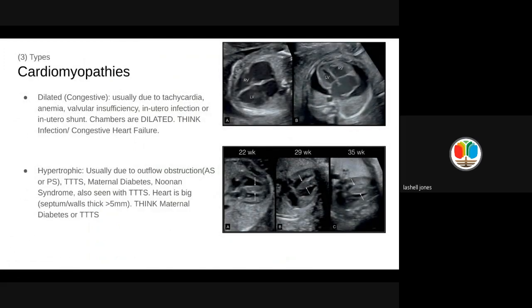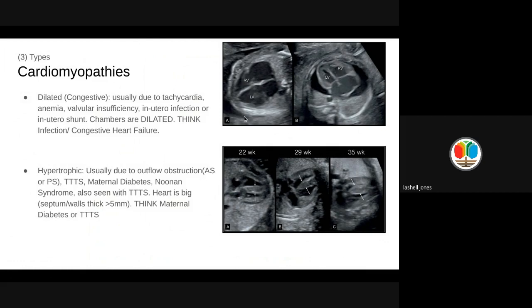Right, cardiomyopathies, very important. So we're going to talk about the three types. You have to remember their ultrasound significance as well as what to expect for the fetus, because they all mean something different when you see them. Starting with dilated congestive cardiomyopathy, it's usually due to a heart arrhythmia, tachycardia, anemia, some kind of insufficiency with the valves, or in utero infection, in utero shunt.